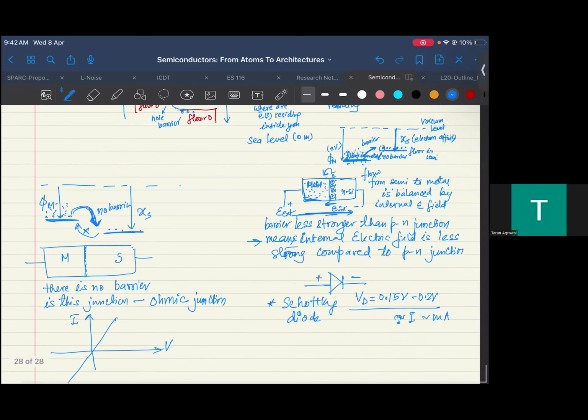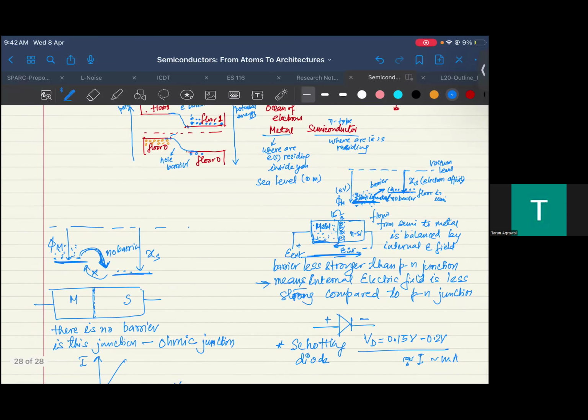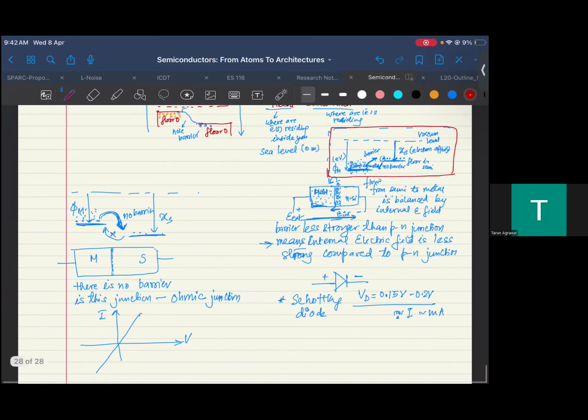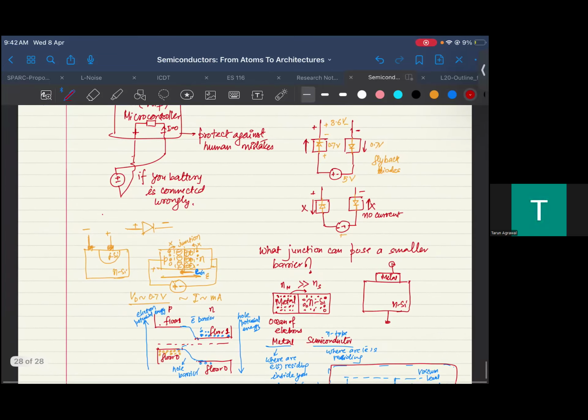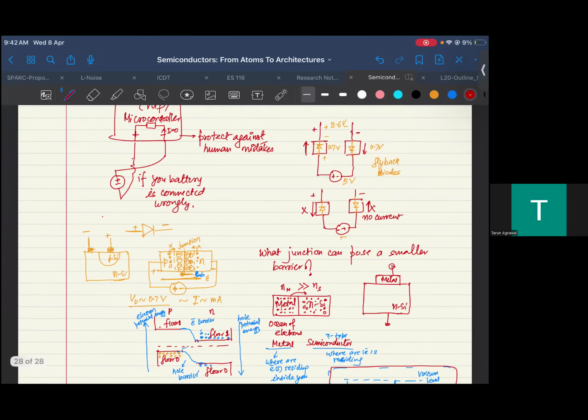But for the design we talked about here, you would select the materials in such a way that you get this 0.2 or whatever you need, but it would still be lower than a PN diode. So that is what you typically see in flyback diodes. If you want a lower potential drop, you would use these Schottky diodes in protection as one of the options.